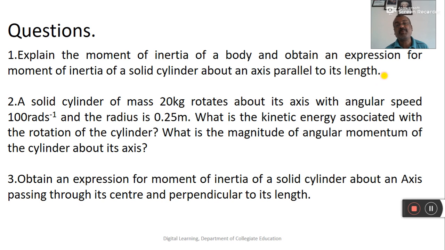Here in this question, we have to derive the expression for moment of inertia of a solid cylinder. We have to obtain the expression for moment of inertia of a solid cylinder about an axis passing through its center and perpendicular to its length.